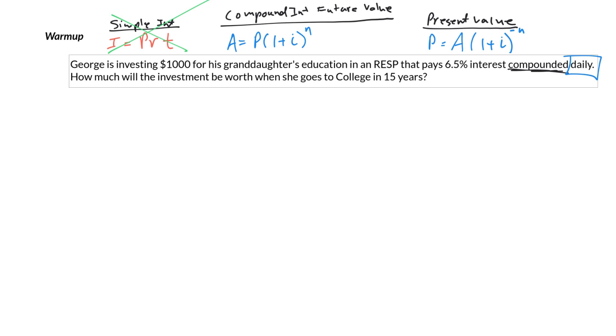So we have to use either this one that talks about the future value, the value of our compounding in the future, or our present value, finding out how much we need today in order to make the money that we want in the future. Now, in this case, he's investing $1,000 now, and he wants to know how much the money will be worth after 15 years if it's compounded daily.